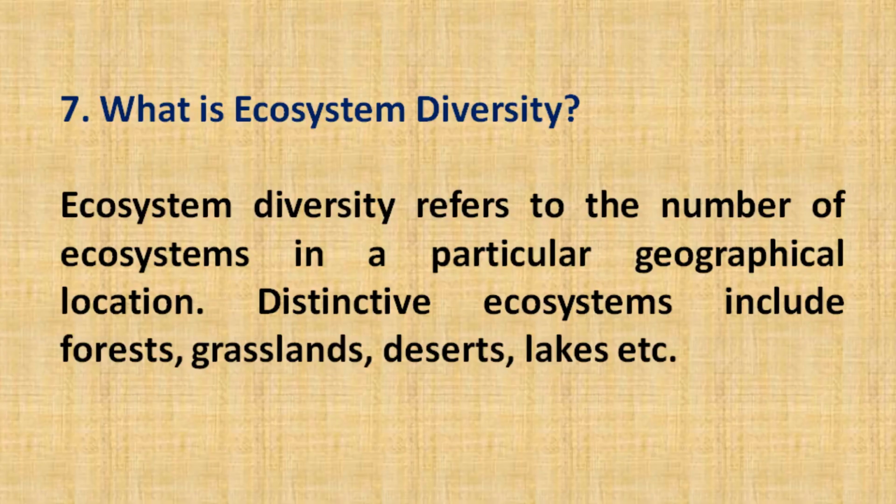Question number 7. What is ecosystem diversity? Ecosystem diversity refers to the number of ecosystems in a particular geographical location. Distinctive ecosystems include forests, grasslands, deserts, lakes, etc. Question number 8.